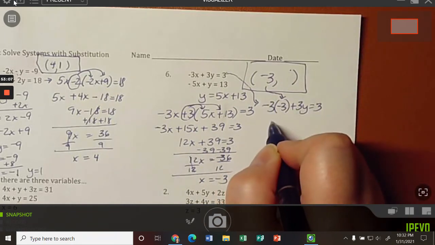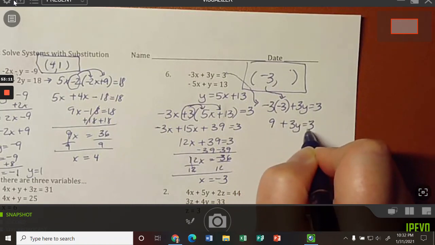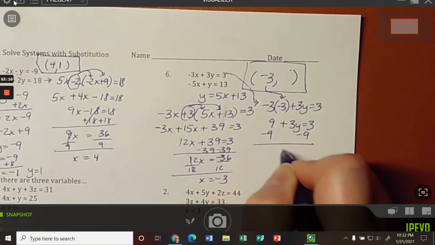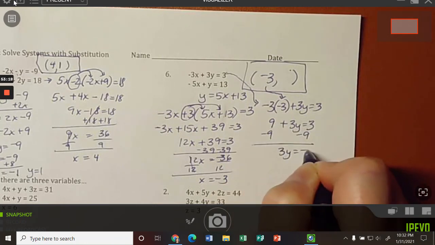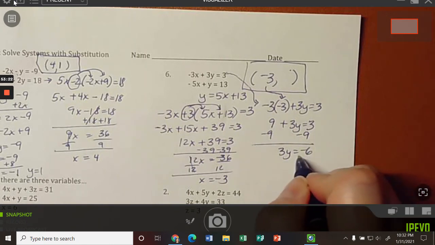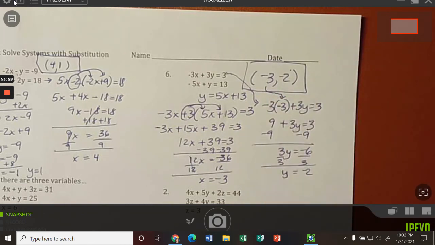Negative 3 times negative 3 is positive 9. Bring down the plus 3y equals 3. Subtract 9 from each side. This gives you 3y equals negative 6. Then divide each side by 3 to get y equals negative 2. So our solution is negative 3, negative 2.